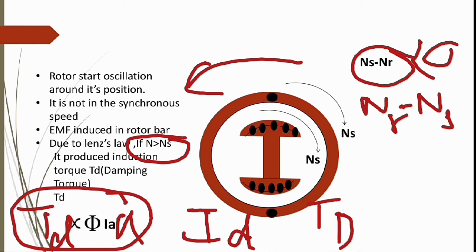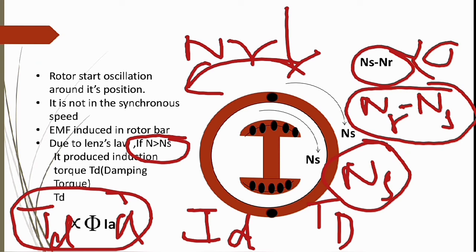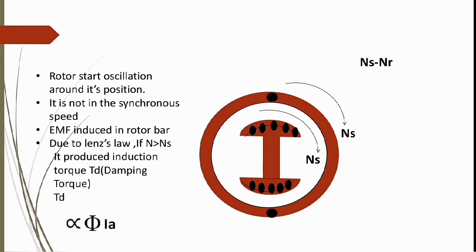Through the damping torque it opposes nr minus ns and wants nr to decrease until the synchronous speed is achieved, because here we talk about nr greater than ns. In this way it handles things.